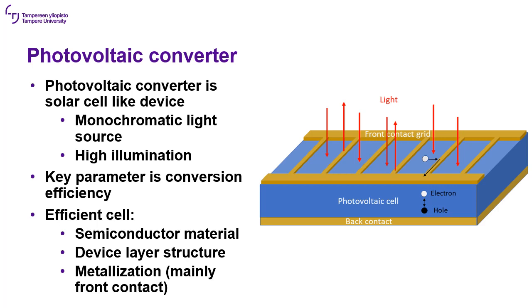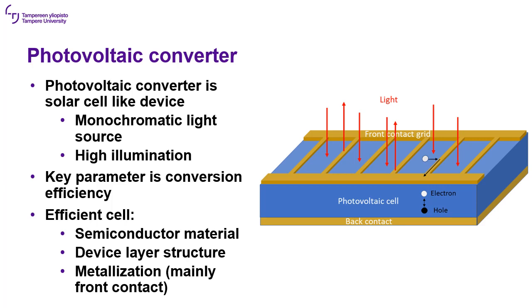But also one key component of an efficient solar cell is the front contact grid metallization, which is laid on top of the cell. This metallization is there to aid the current flow generated in the semiconductor material to an external circuit.